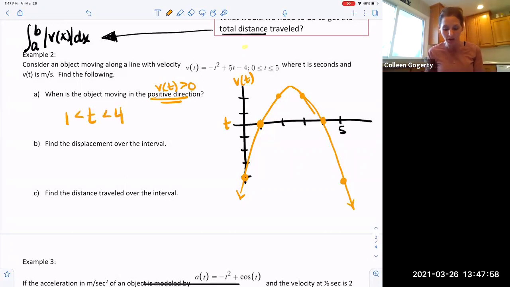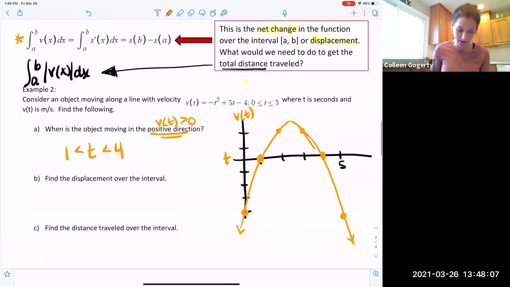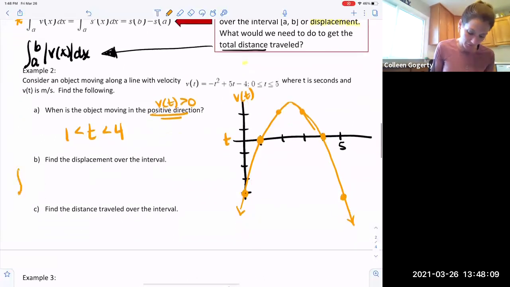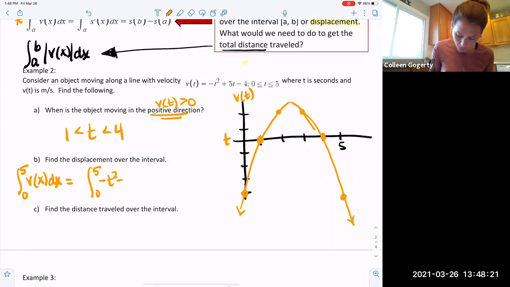Okay, so moving on, find the displacement over the interval. Well, displacement, here it is right up here. Displacement is going to give me the integral from 0 to 5 of my velocity function. Well, my velocity function is -t squared plus 5t minus 4.